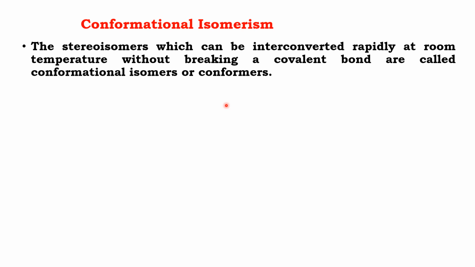That means conformational isomerism is the phenomenon by which a saturated organic molecule orients in three-dimensional space in various different spatial arrangements due to the rotation of the carbon-carbon single bond.